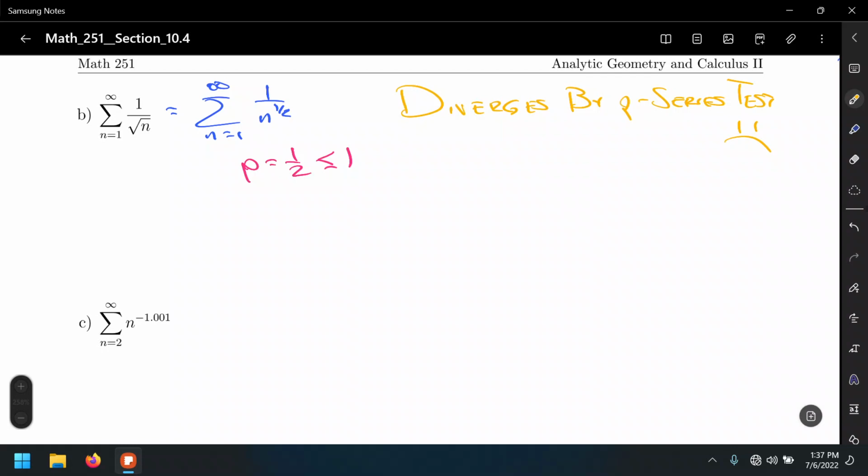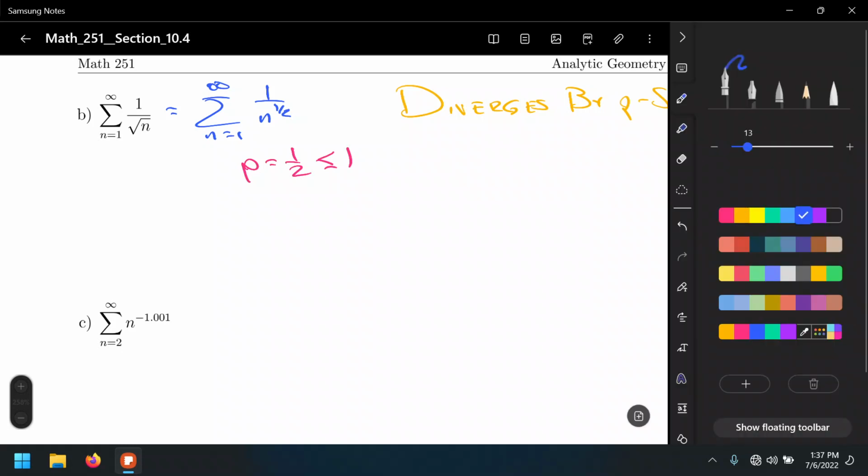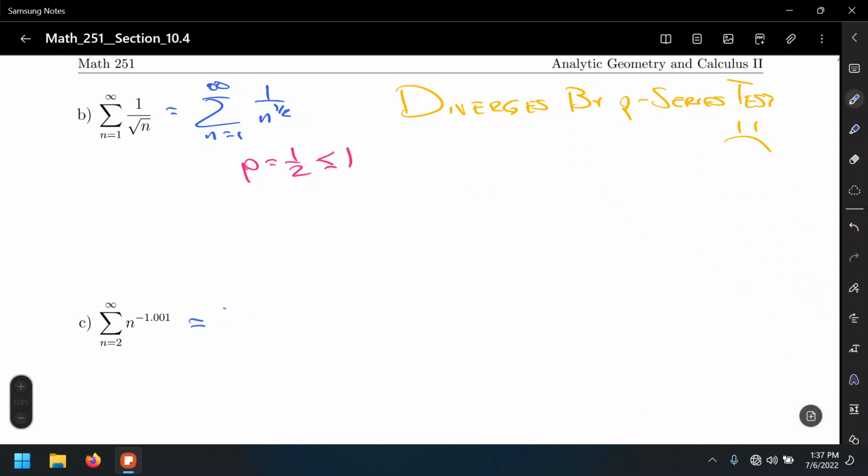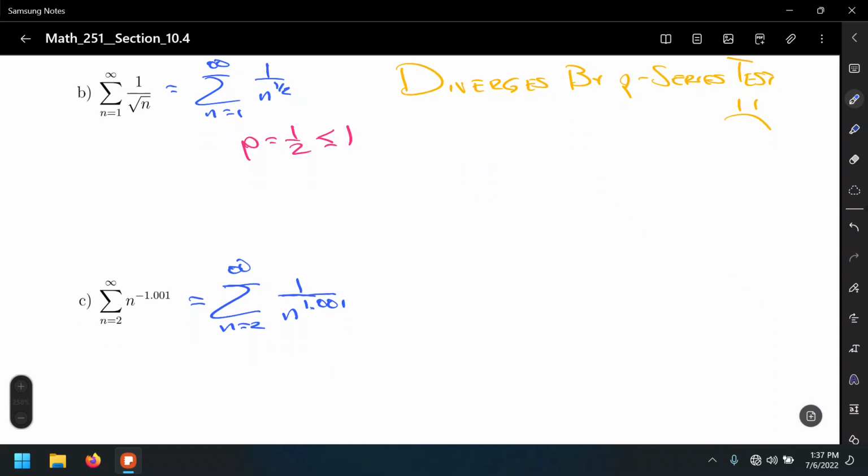Sigma n equals 2 to infinity of n to the negative 1.001. Okay, so we don't have it in the form of a ratio. Let's just rewrite it. n equals 2 to infinity 1 over n to the 1.001. All right. These decimals right here are going to make a whole difference, because the value of p, which is 1.001, is that greater than 1 or less than or equal to 1?